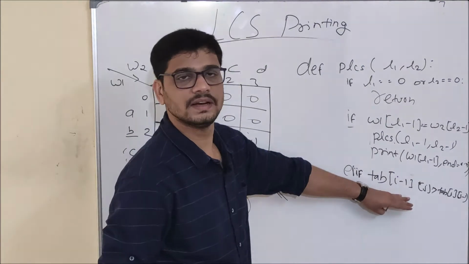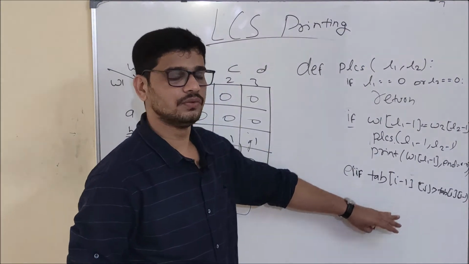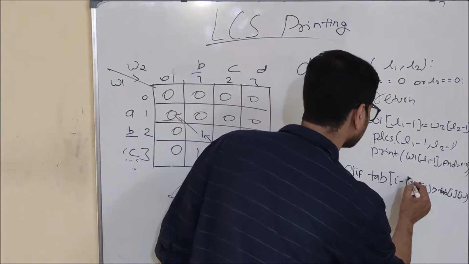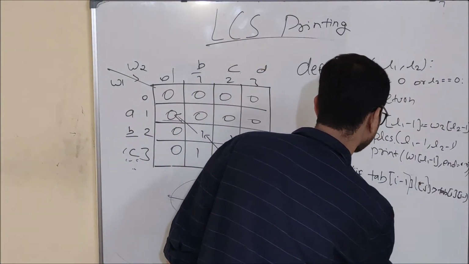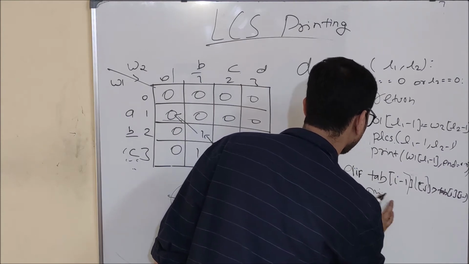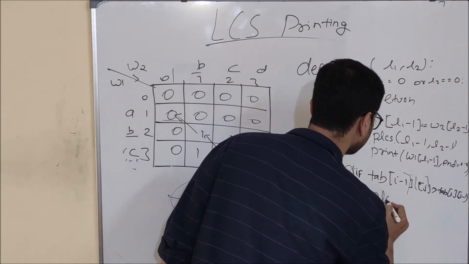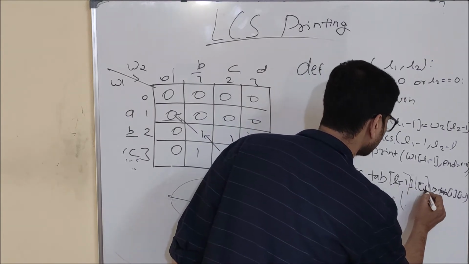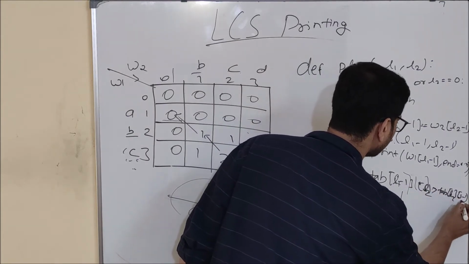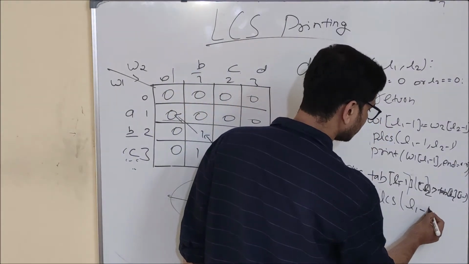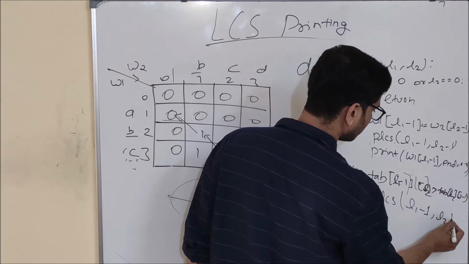So if this is greater, then I will move up. Then I will make a call to PLCS. Sorry, here it will be L1, here it will be L2, here also it will be L1 and L2. So I will call PLCS of L1 minus 1, L2.